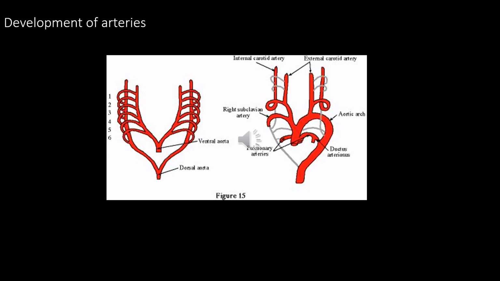So the sixth arch artery will give rise to the two branches of the pulmonary trunk, and then the continuation of it is called the ductus arteriosus, which will disappear on the right side. It will persist on the left side. We will come back to explain why it is persisting on the left. It is not that it cannot persist on the right side. Some cases do.